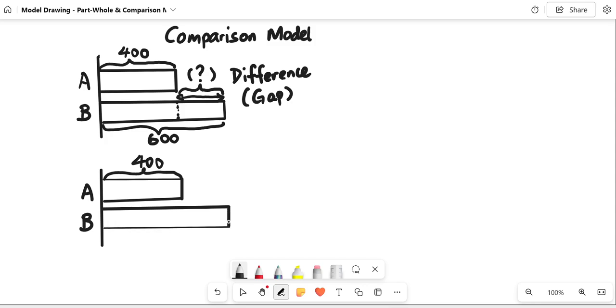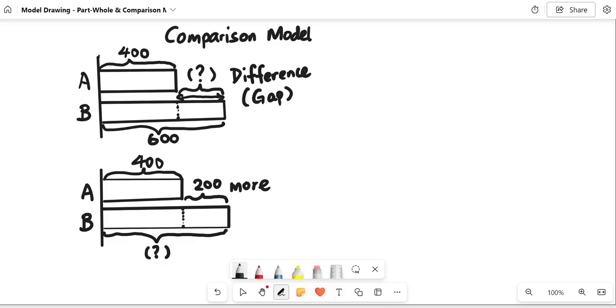They say class B collected 200 more bookmarks than class A. And then the question mark is to find how many bookmarks did class B collect.